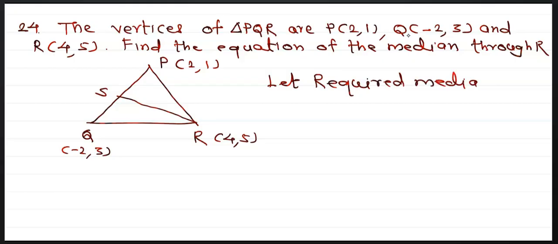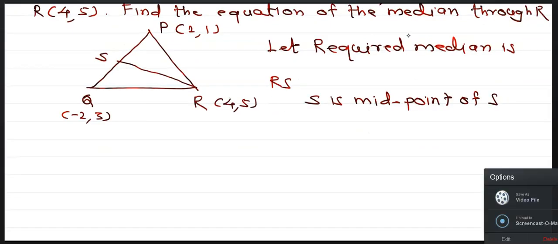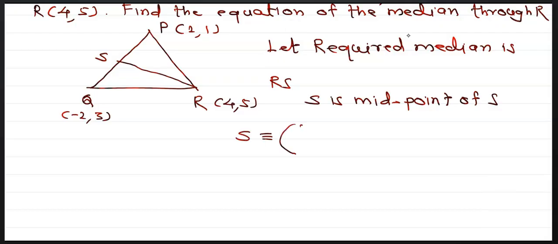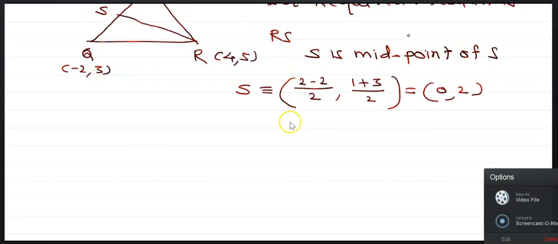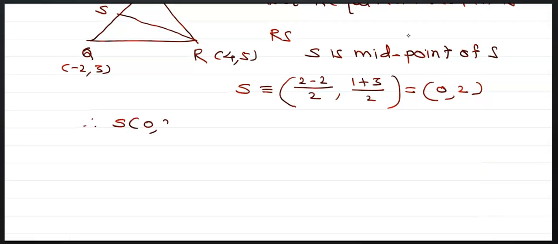Let the required median be RS. S is the midpoint of PQ. Therefore, S is ((2 minus 2) upon 2, (1 plus 3) upon 2), that is (0, 2).